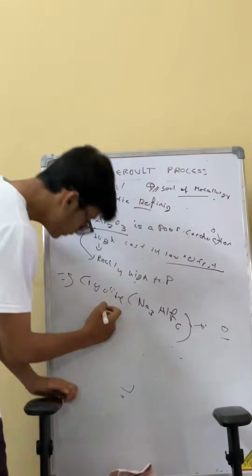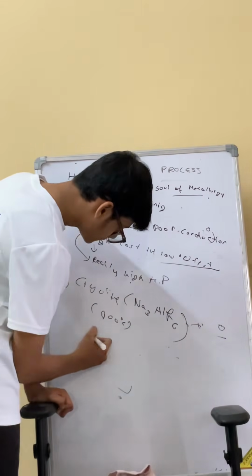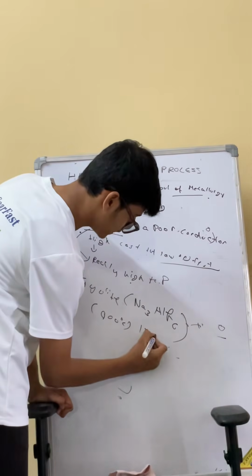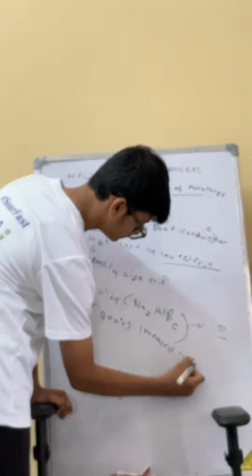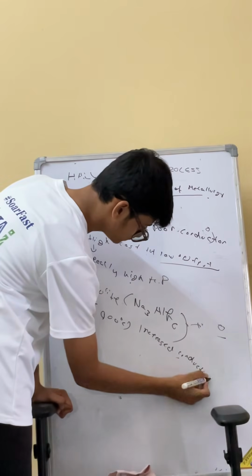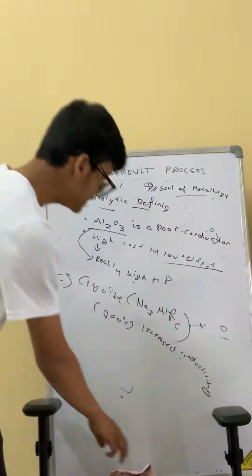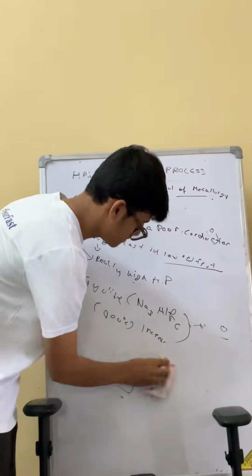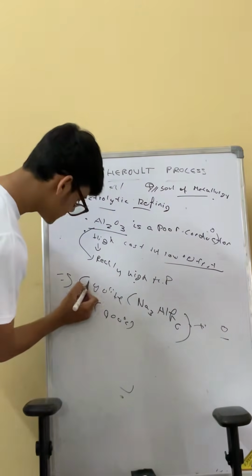It brought the melting point down to around 900 degrees Celsius and increased conductivity. Sorry for that great cursive handwriting. So basically, this was cryolite.